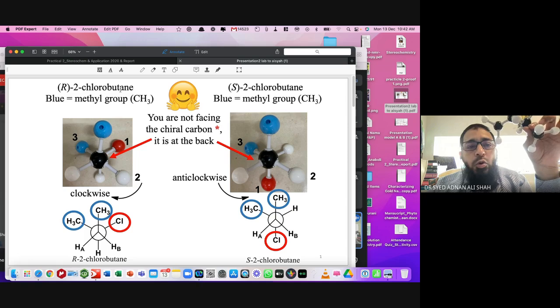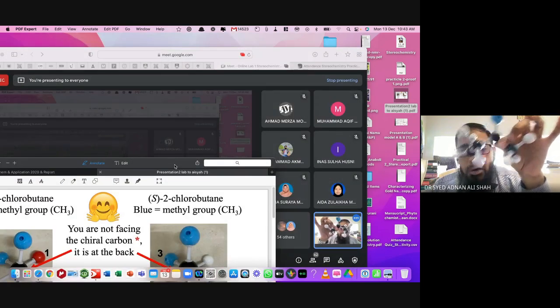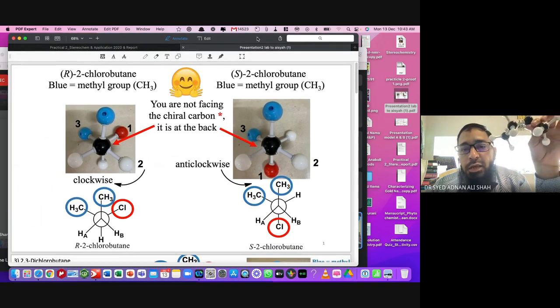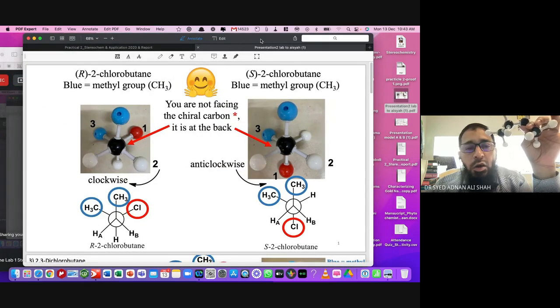This is 2-chlorobutane, right? Blue is the methyl group. You can see how to make the model, which I already told you. And our second thing is that from the model you have to assign the stereochemistry of the stereogenic center, right?